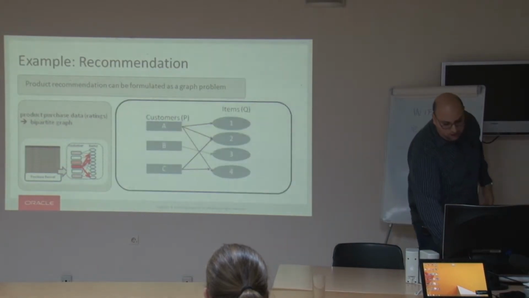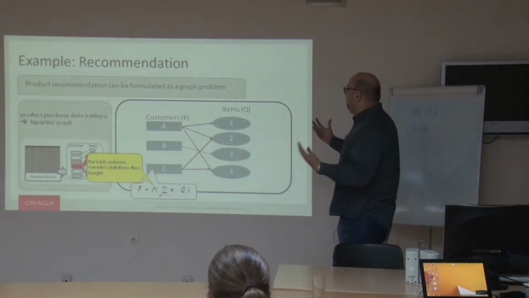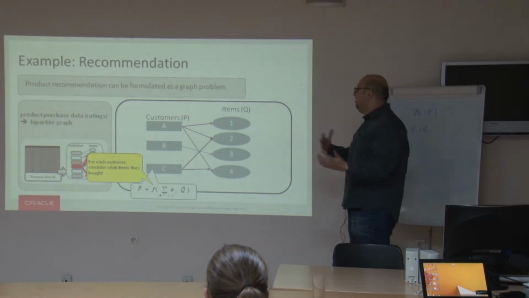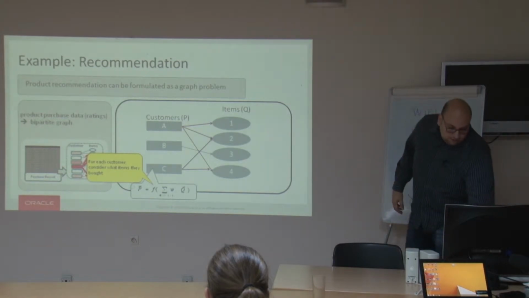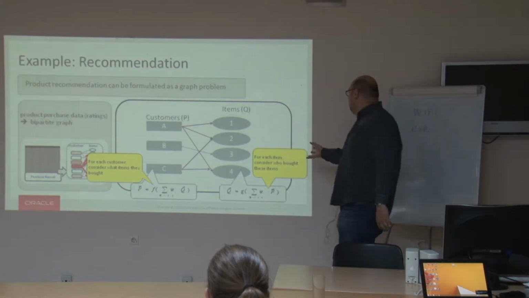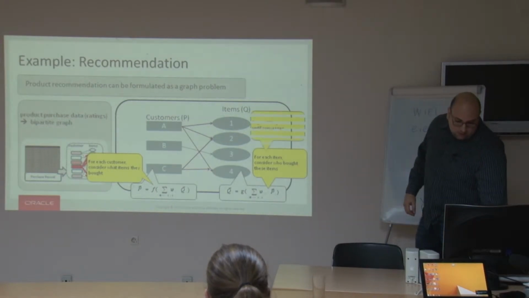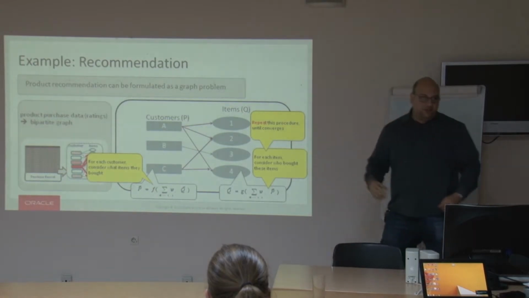And then you can formulate an iterative graph algorithm, where you essentially keep looking for each customer, consider which items they bought, and you can store that in some kind of vector defined per node. And then for each item, consider which customers have bought these items. And then you basically repeat this procedure until the information converges.